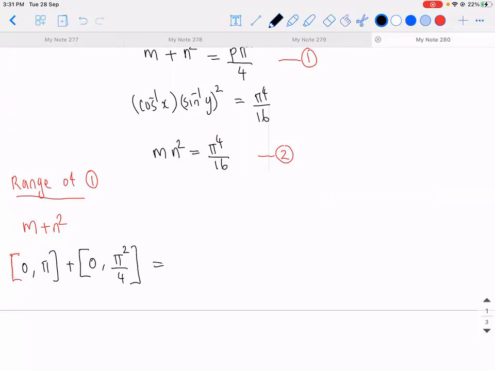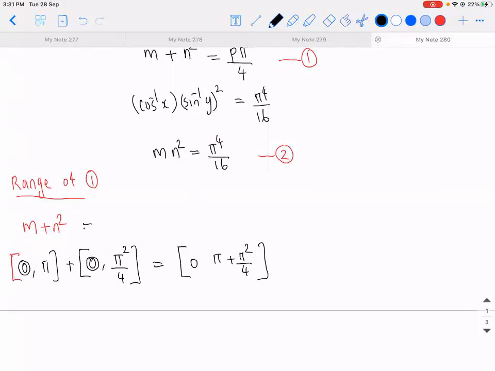And what will be the range of the sum? We have to add the lower boundaries together: 0 plus 0 is 0. And the maximum value is pi plus pi square over 4.